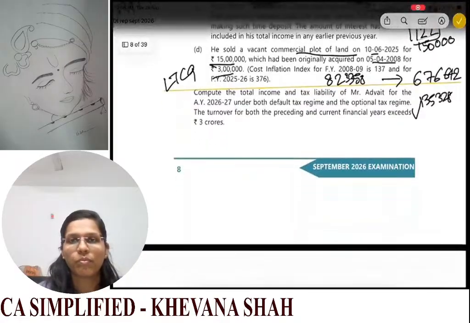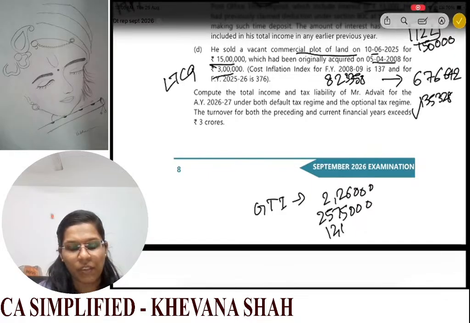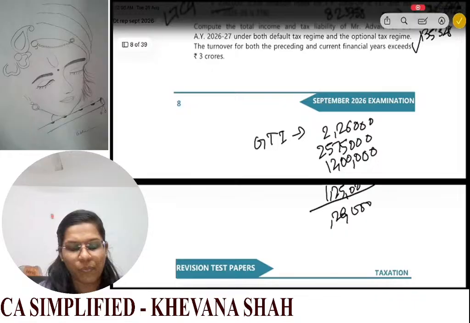So his gross total income that you get is 2,26,000 house property, 25,75,000 business income, 12 lakh capital gains, 1,25,000 income from other sources. Total comes to 41,26,000. No Chapter VI-A deductions, so your total income will be 41,26,000.